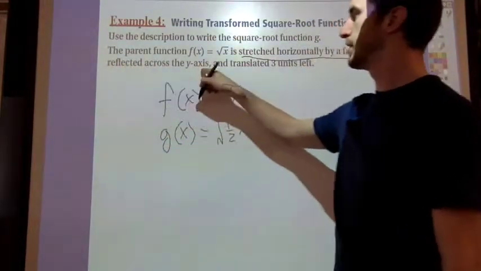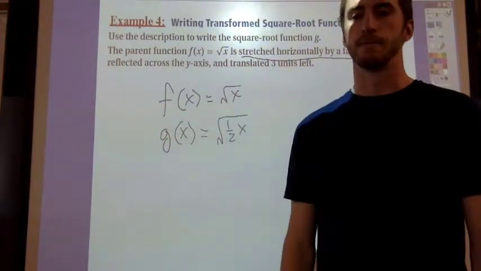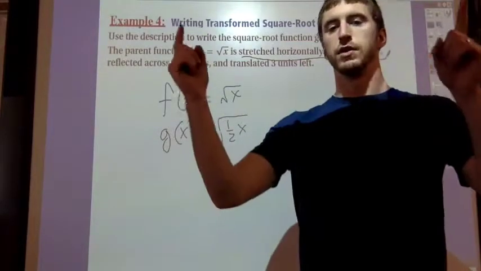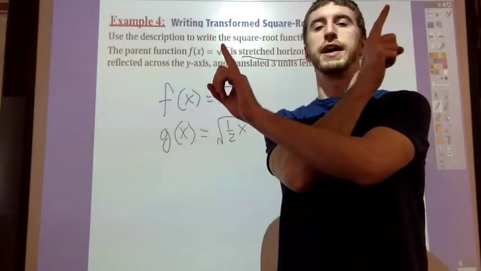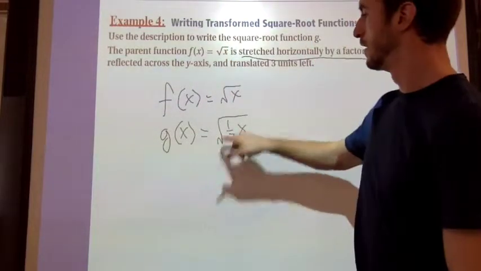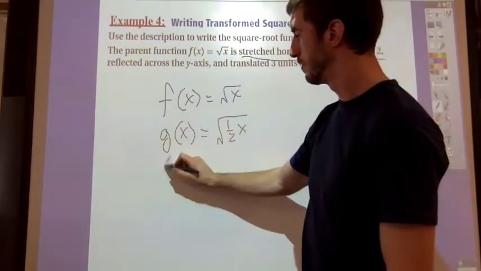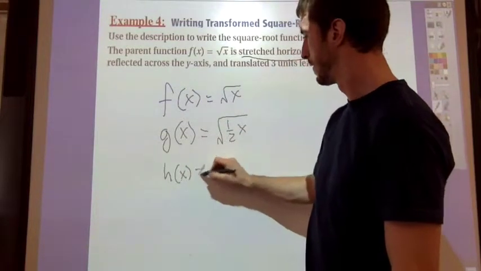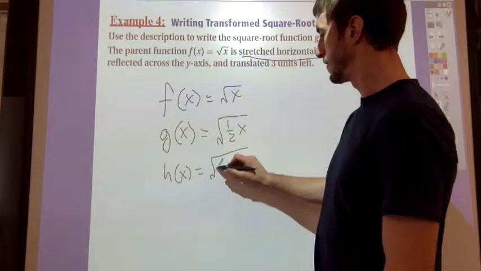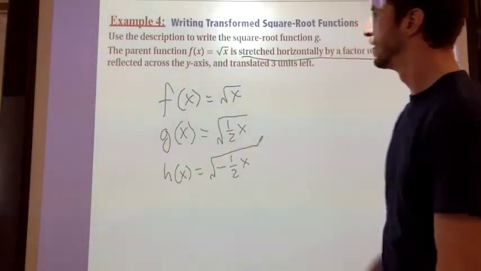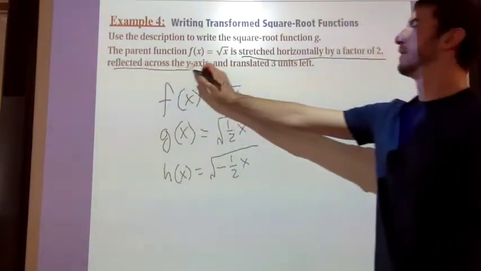Okay? That's stretched horizontally by a factor of 2. Then we need to reflect it across the y-axis. So we're reflecting it across the y-axis, so that's also horizontal. So that means our negative, so this is h of x, negative goes inside the radical 1/2 of x. So we did that one.